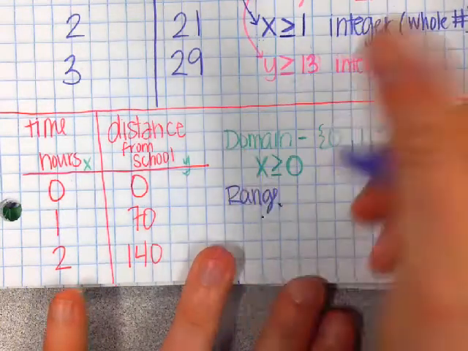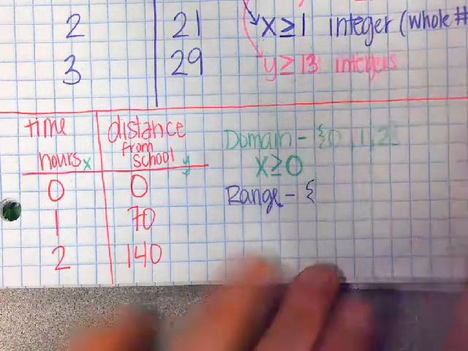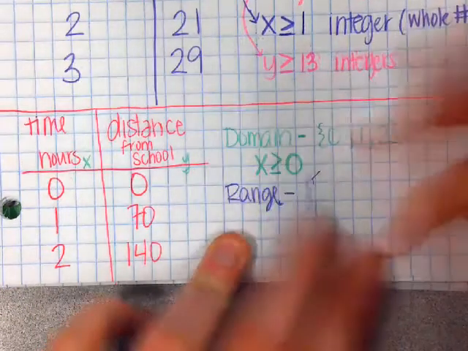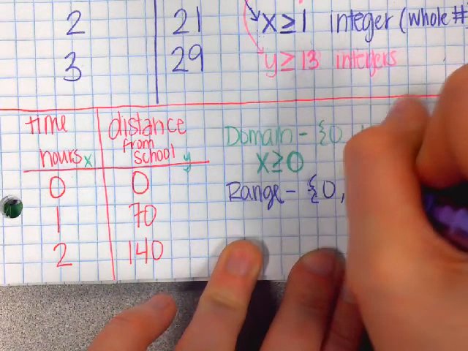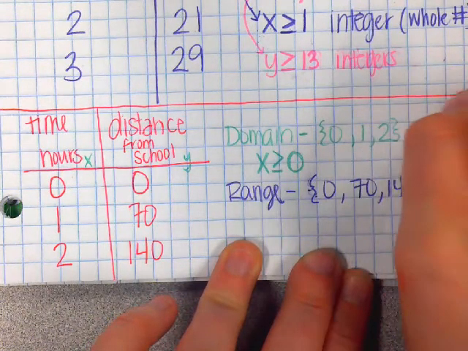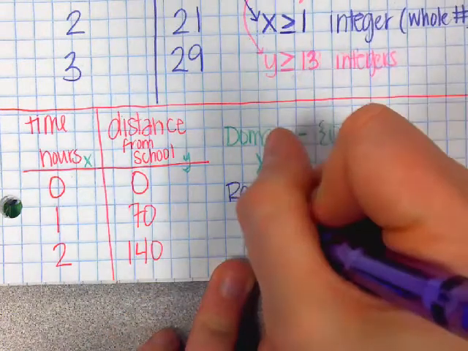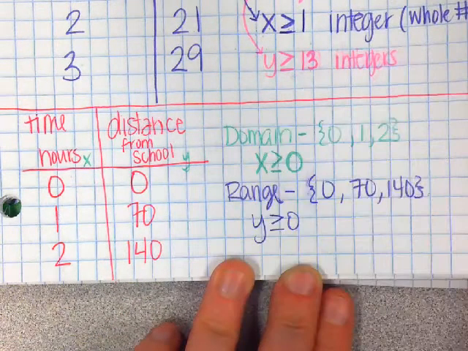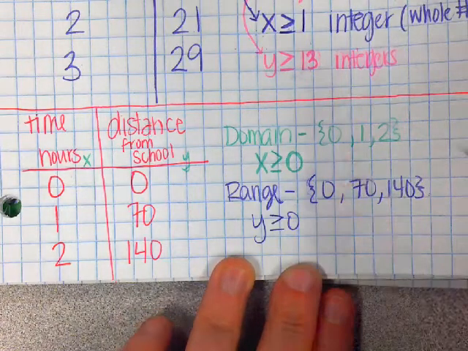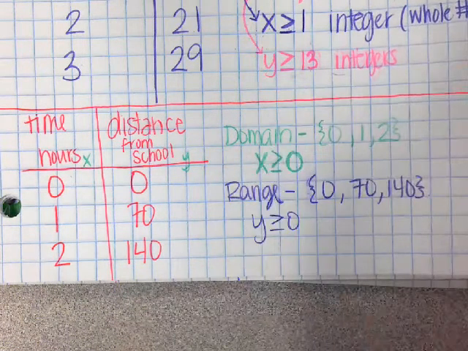Okay, and then range. So 0, 70, 140. If you look at this, your y values are greater than or equal to 0 because you can't have a negative distance.